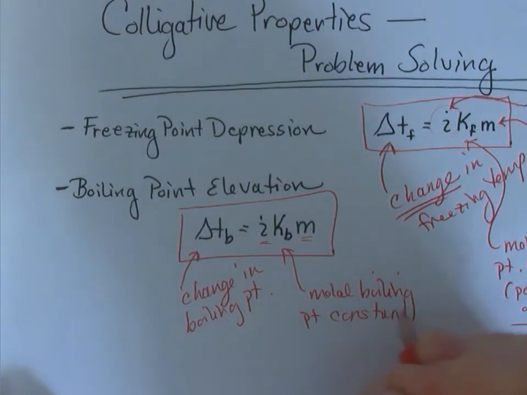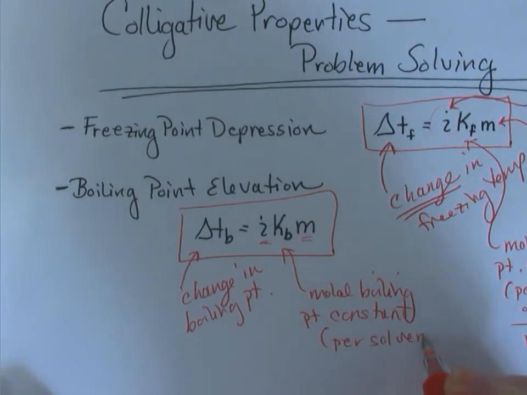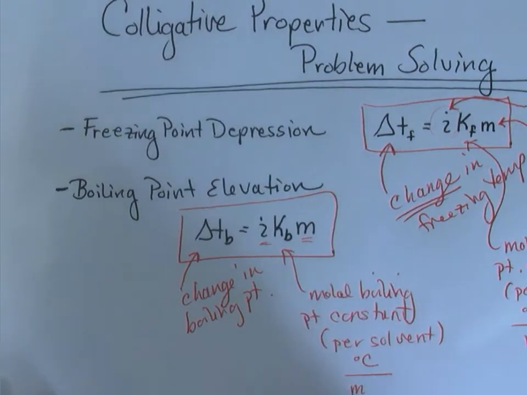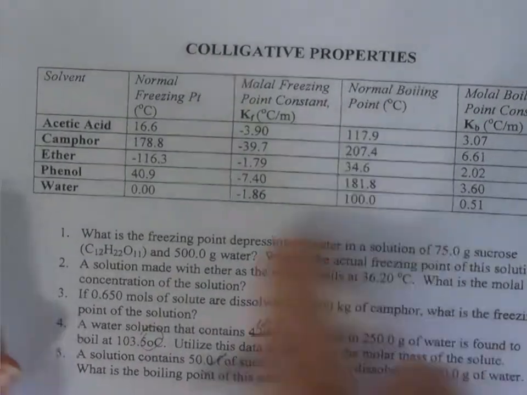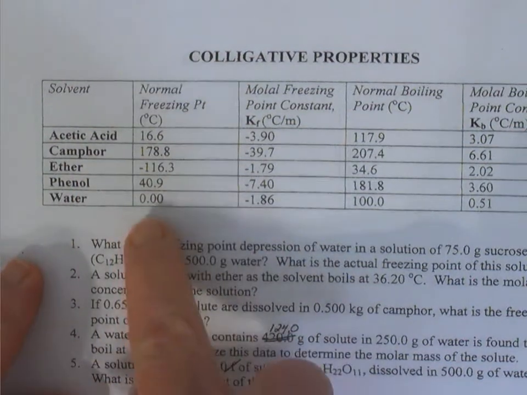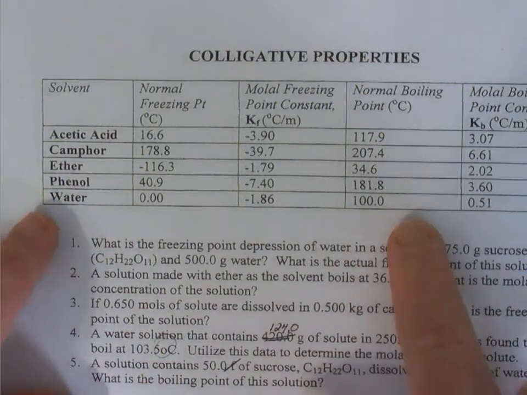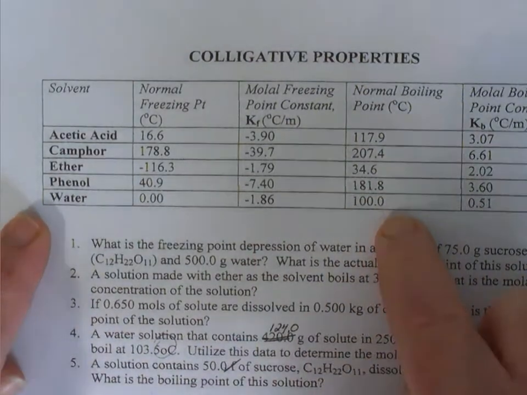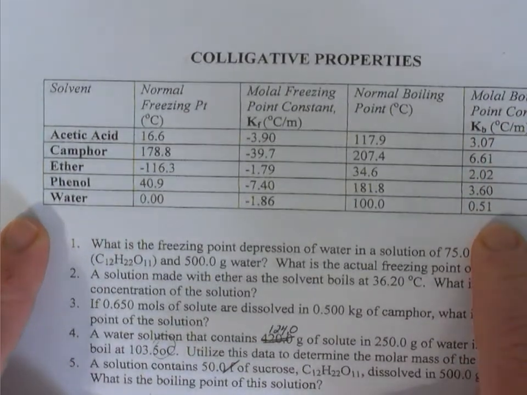It is still based upon the solvent, and it will also have the units of degrees Celsius per molal. All right. If we take a look, you of course have not only been shared freezing point data and the K_f values, but also boiling point. The only boiling point you're expected to know is water. And then boiling point constants.